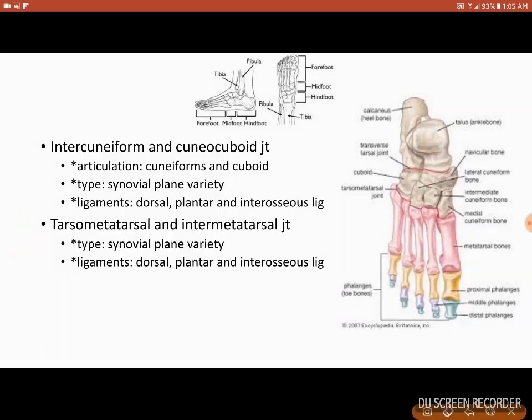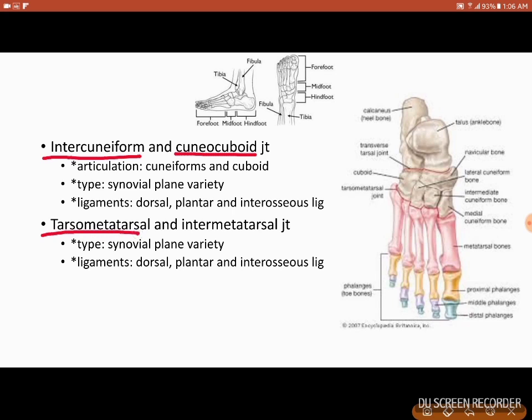Your intercuneiform and cuneo-cuboid. Intercuneiform is the articulation of each cuneiform bone. Your cuneo-cuboid is the articulation of the cuneiform and the cuboid.